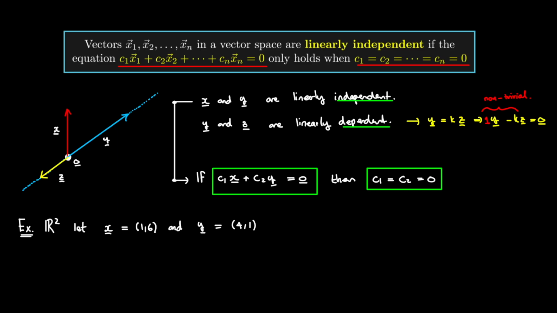Well, to answer that, we have to consider a general linear combination of this form here in the green box. Of course, if we're going to prove an implication, let me just talk a little bit about the logic here.